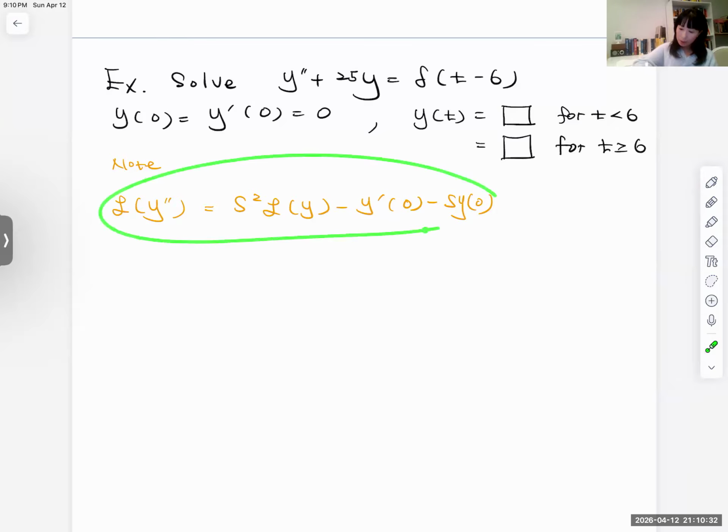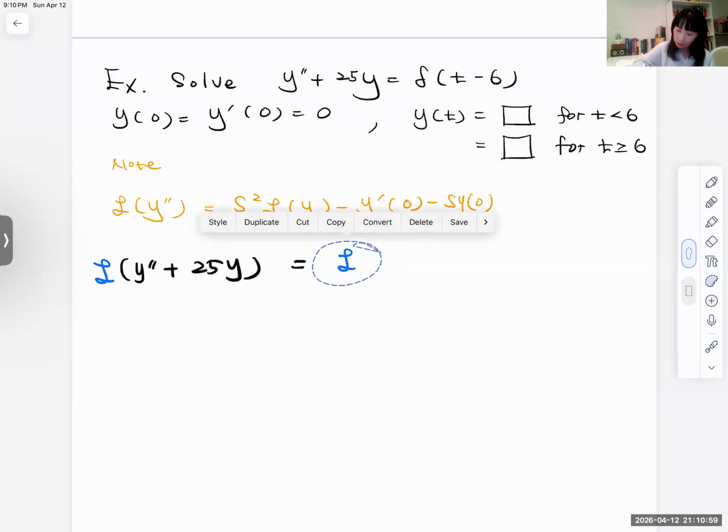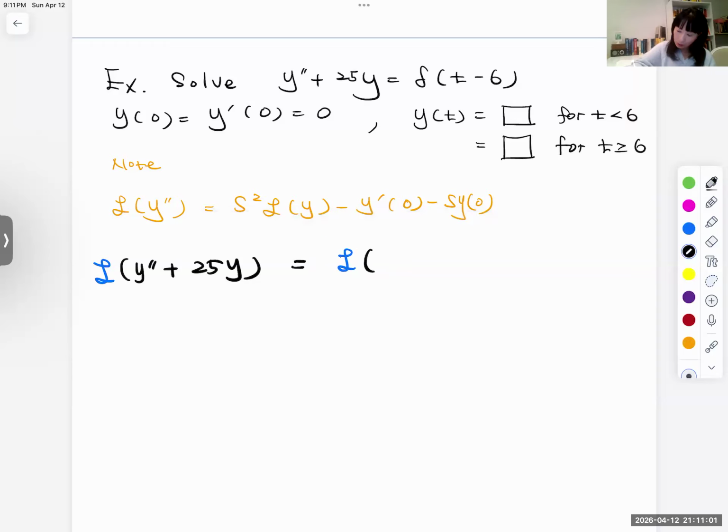I brought up this formula because we will take the Laplace transform of everything. So let us take the Laplace transform: y double prime plus 25y equals the Laplace transform of delta of t minus 6.